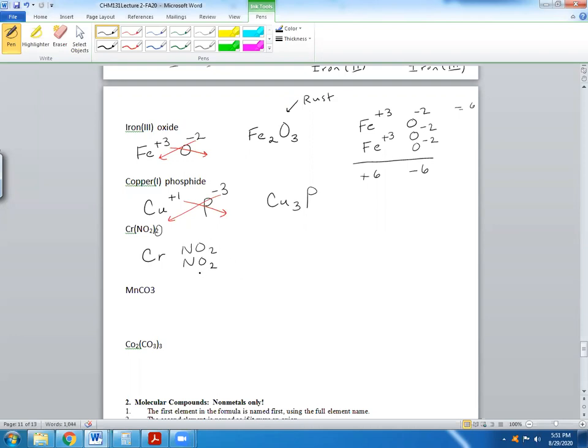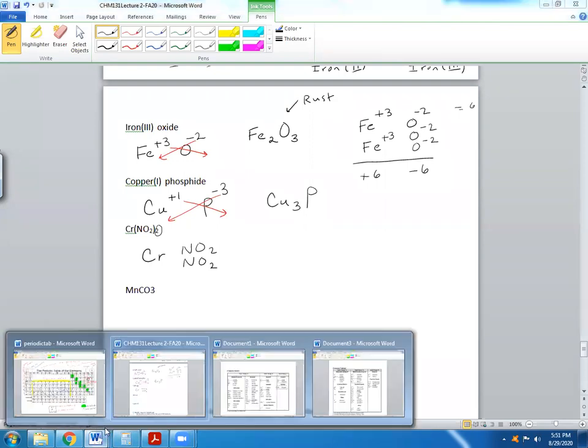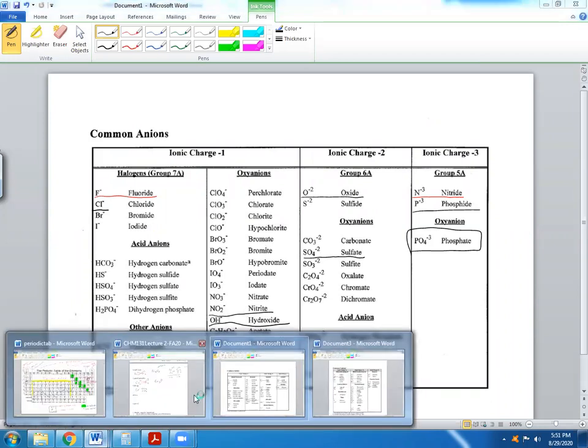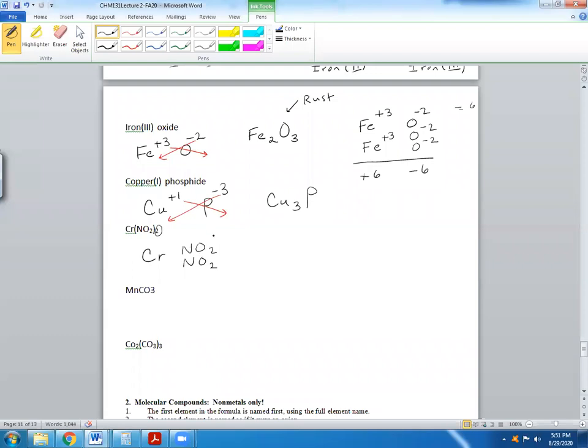Okay. Now nitrite is right here. It's a -1 charge. Now, if we have 2 of them, so we have a -1 and a -1, that's a -2.